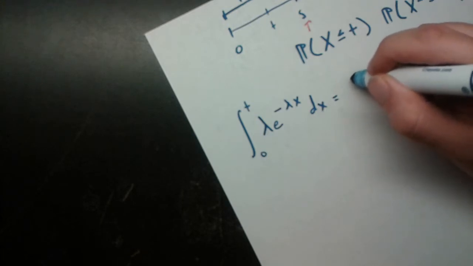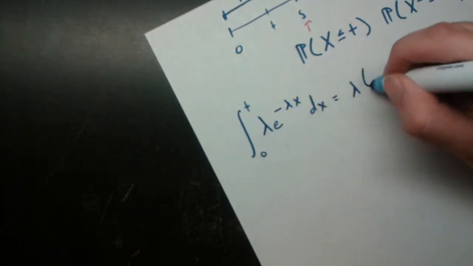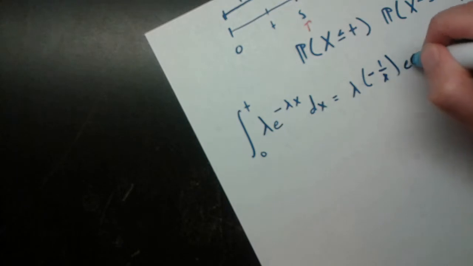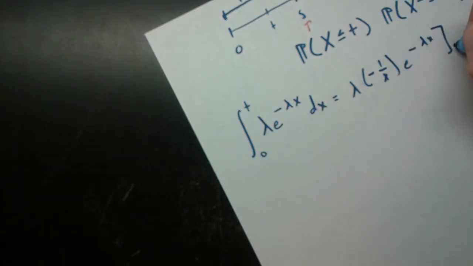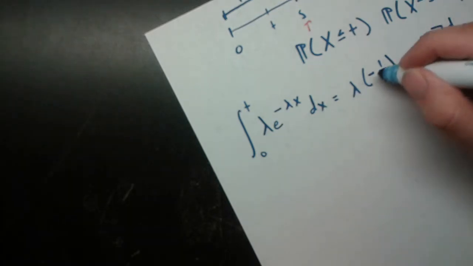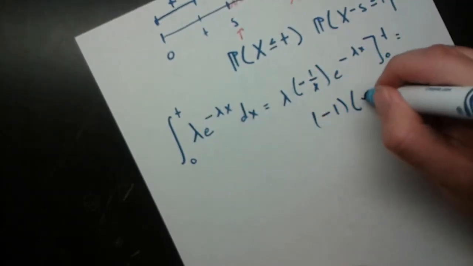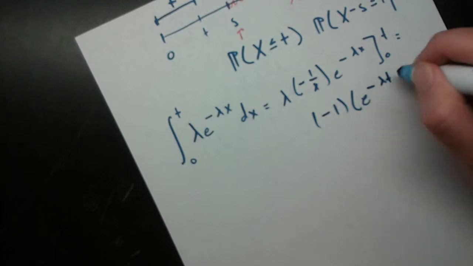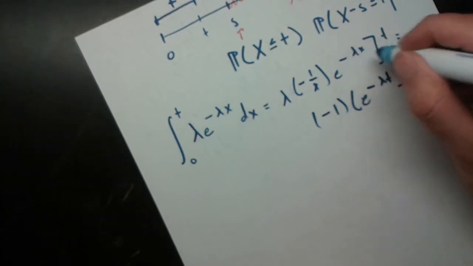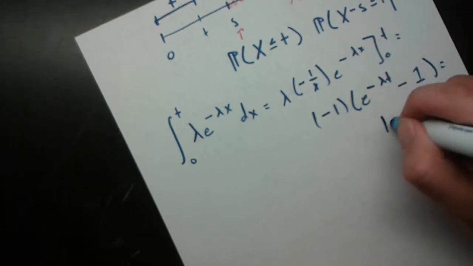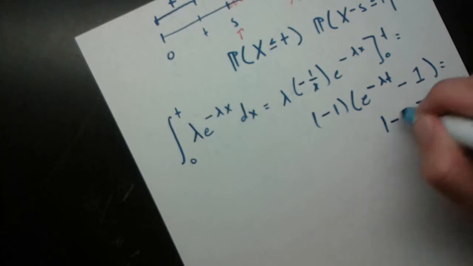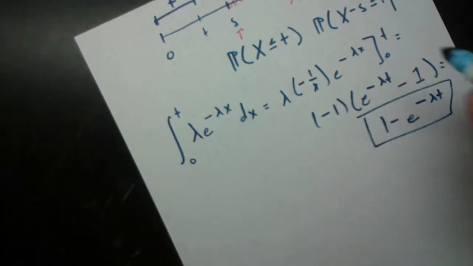This is just lambda, we take the lambda out, we have the minus 1 over lambda e to the negative lambda x, 0 to t. So then this lambda times negative 1 over lambda becomes a negative 1, e to the negative lambda t, and then we have minus e to that, we put 0 in here, we get 1. So it's really 1 minus e to the minus lambda t. That's our first probability. Now what's our second one?